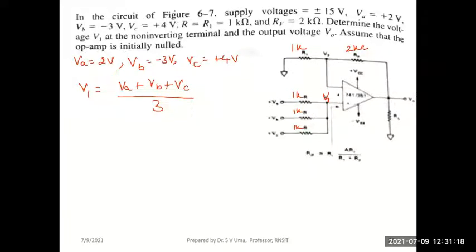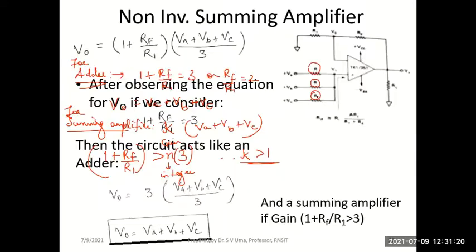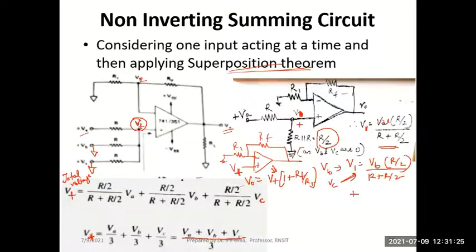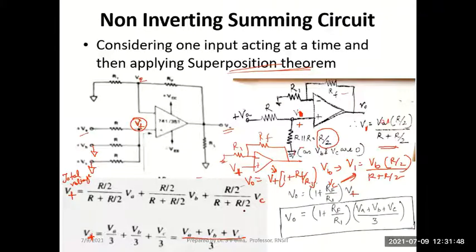As you can see in this derivation, the voltage V plus at the non-inverting terminal, by using the principle of superposition, we considered only one input to be active at a time and the other two inputs not being active. You got the expression VA plus VB plus VC by 3.